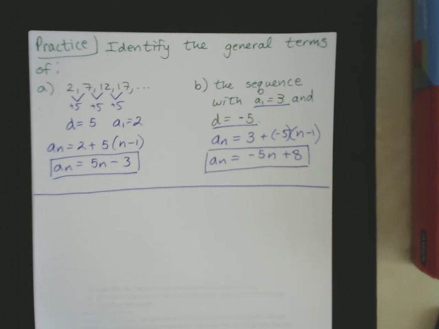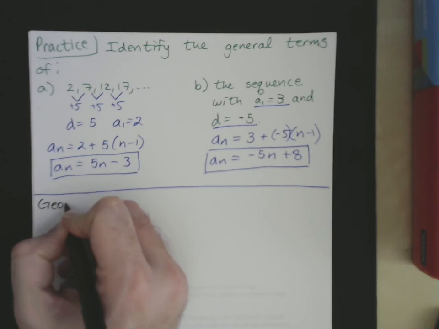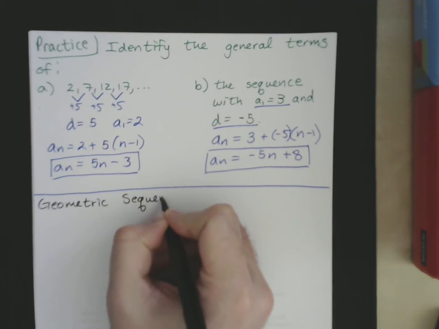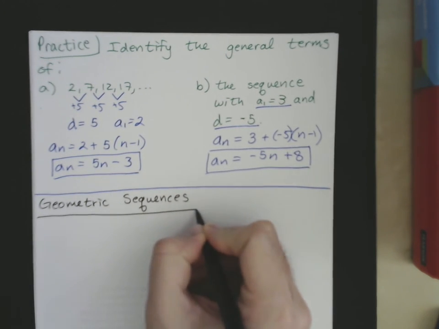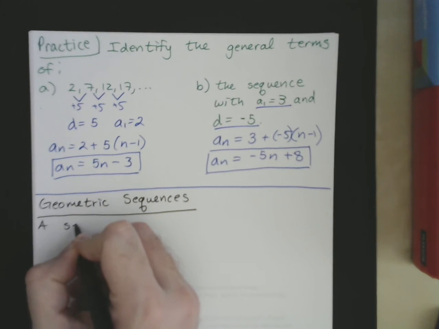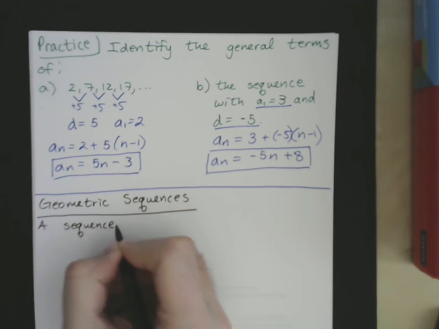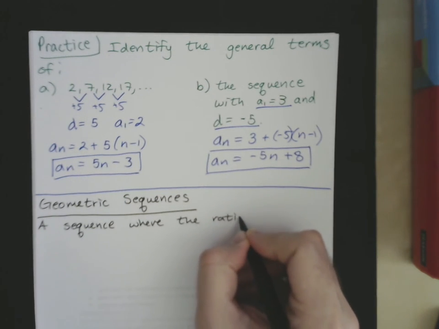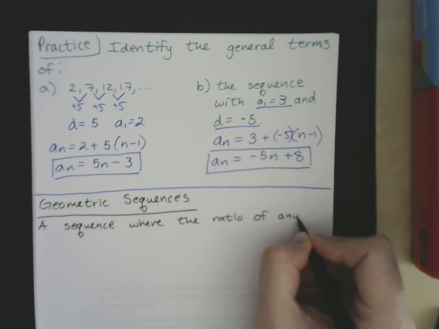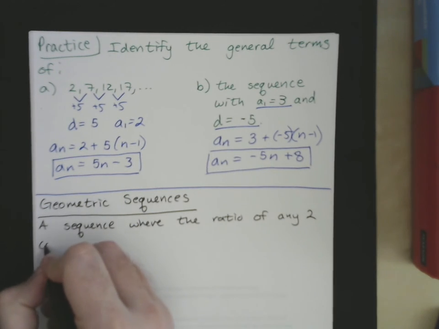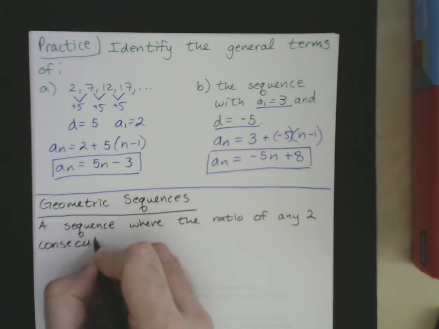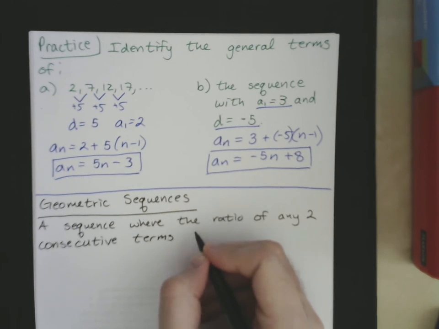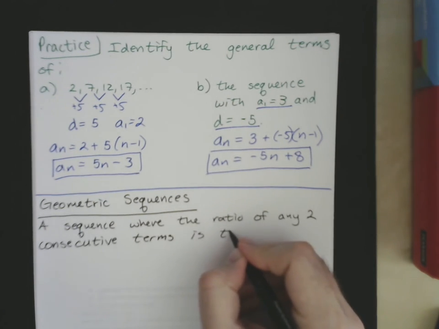And what we're going to do now is talk about geometric sequences. So a geometric sequence is a sequence where the ratio of any two consecutive terms is the same value.